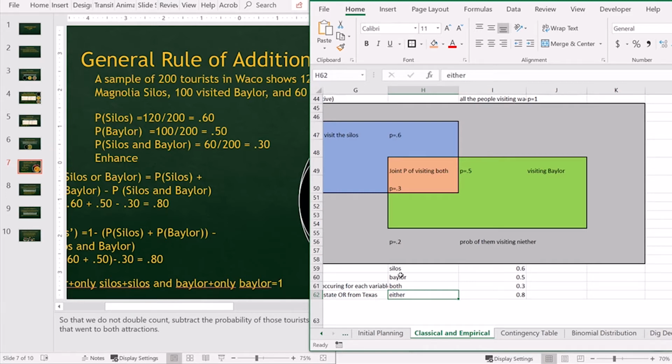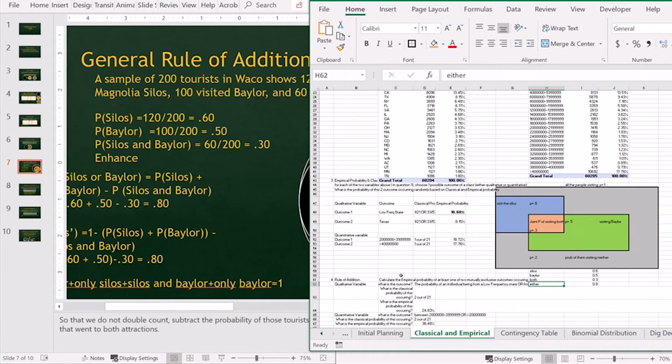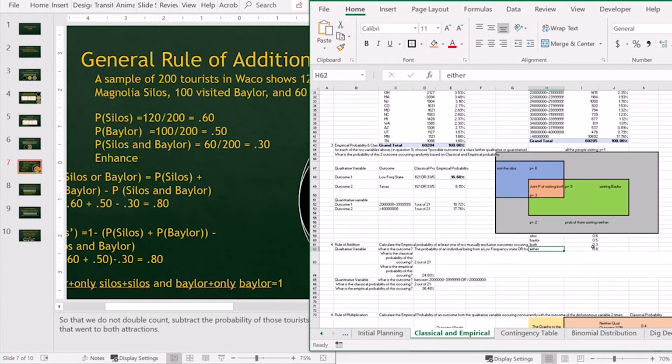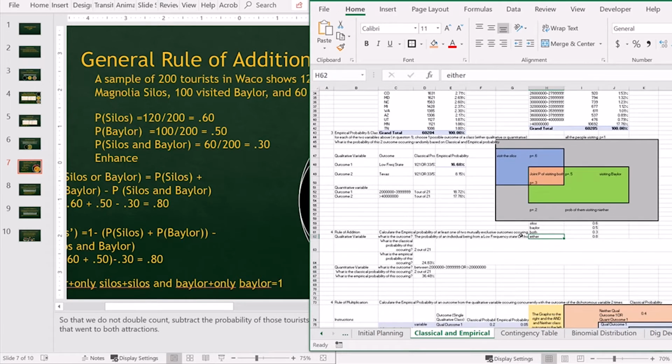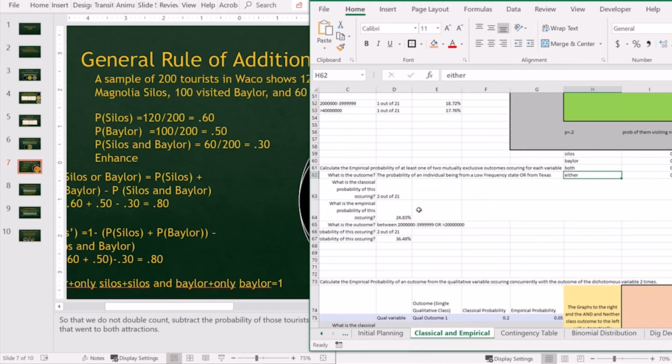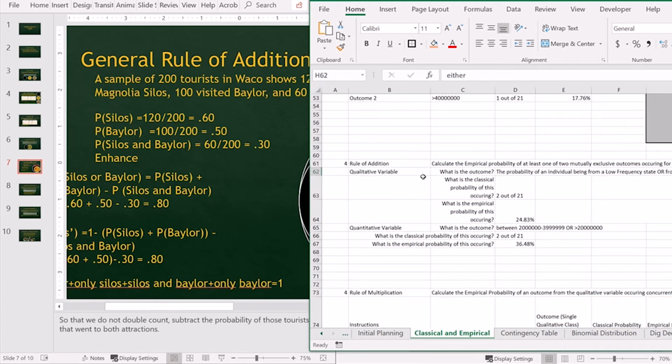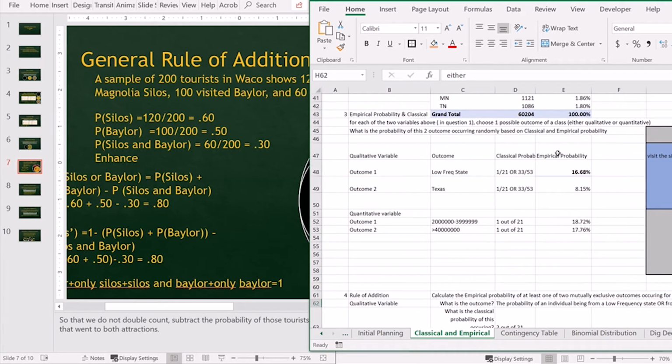So that's the probability of them visiting either. Now, I showed you this really cool thing there. Now, you guys are going to be doing the exact same thing. We're coming right in here, and we determined the empirical probability right here, and the classical probabilities right here. Yes?